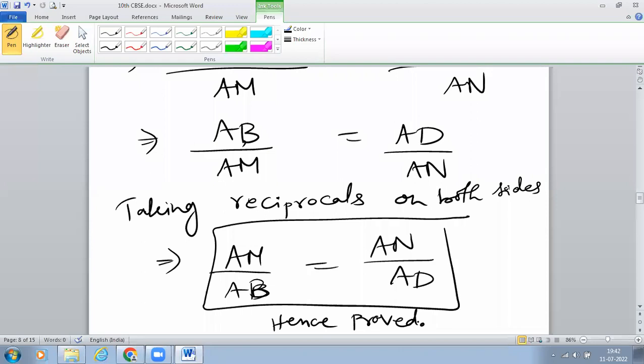Any other doubts, ma? So, question number 4. Question number 4, the next one. For the next question also they have given the figure 6.19. Please draw the figure.